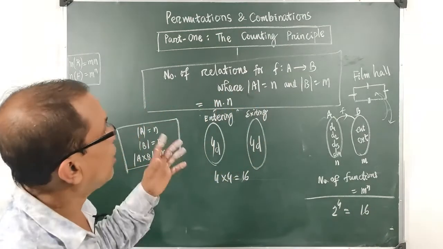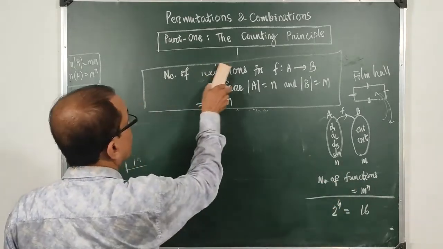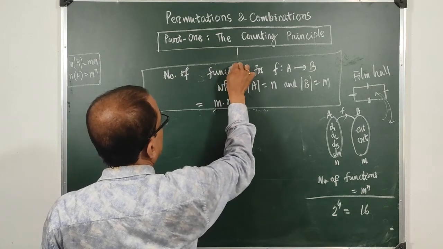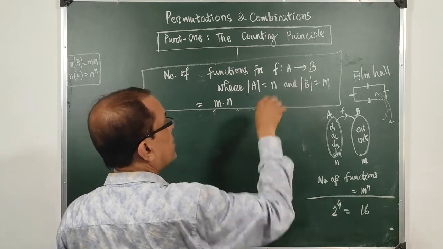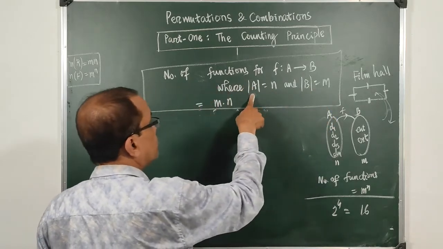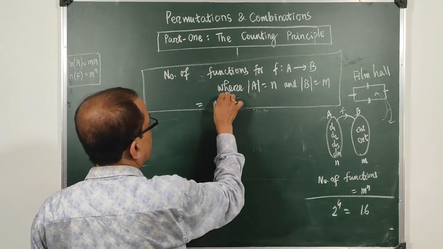So this is about the counting principle, and for this we define the number of functions for f, a function from A to B, where the cardinalities are n for A and m for B, as m to the power n.